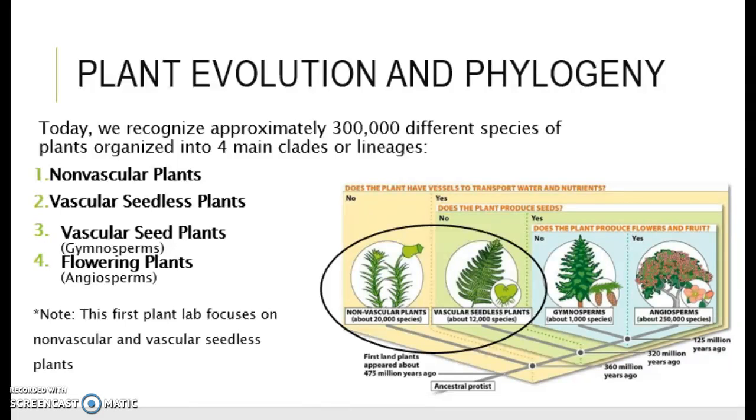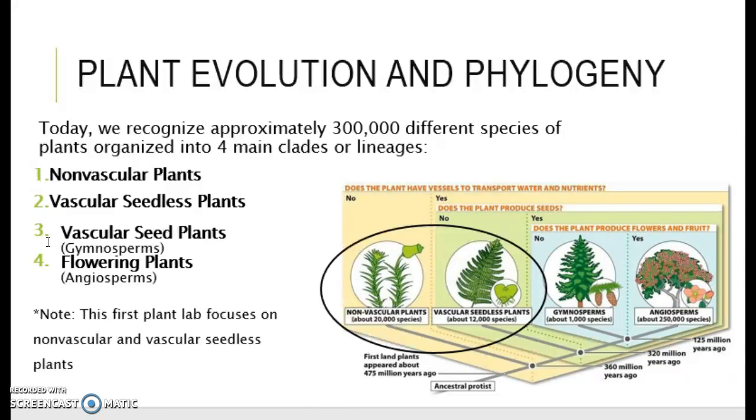Today, we recognize approximately 300,000 different species of plants, which are organized into 4 main lineages that include non-vascular plants, vascular seedless plants, vascular seed plants known as gymnosperms, and flowering plants known as angiosperms.